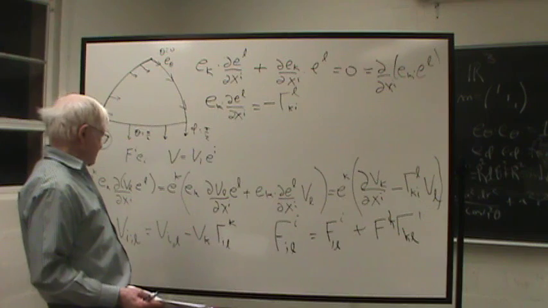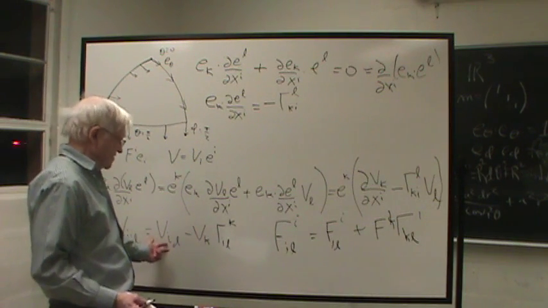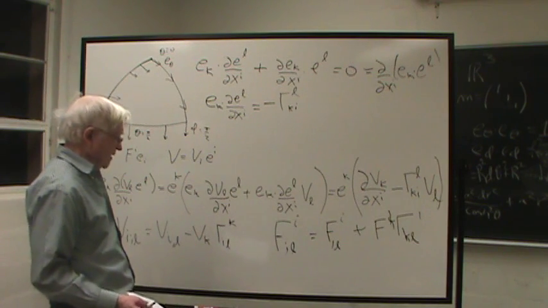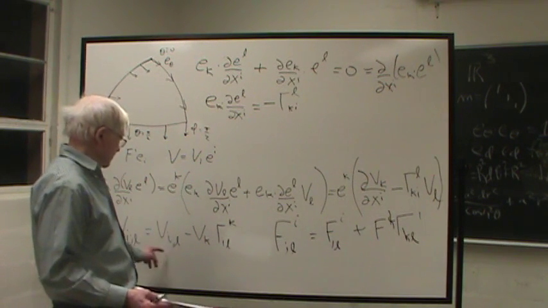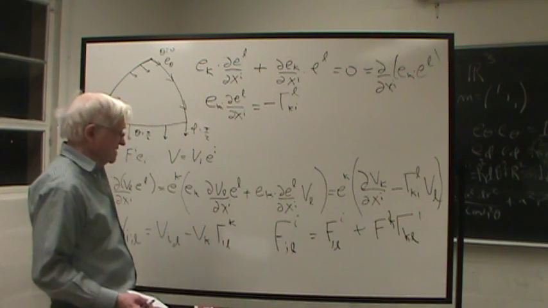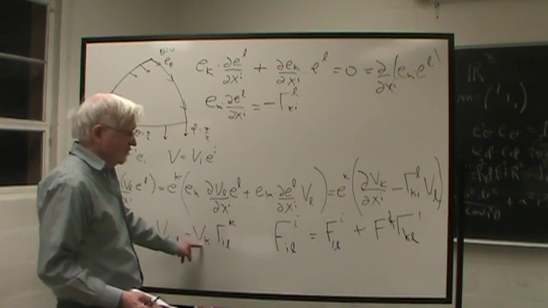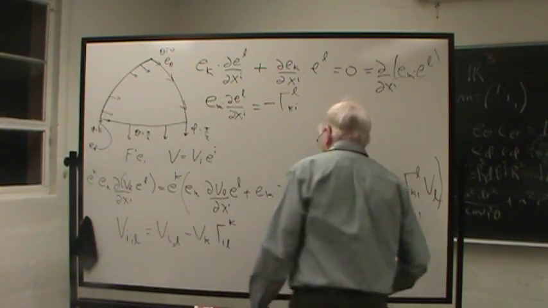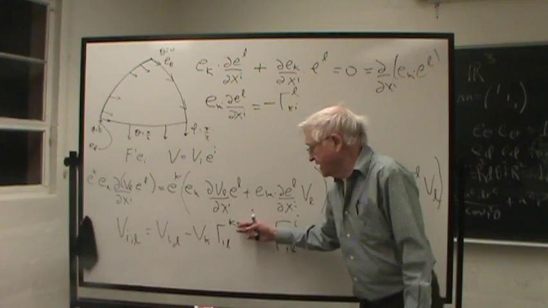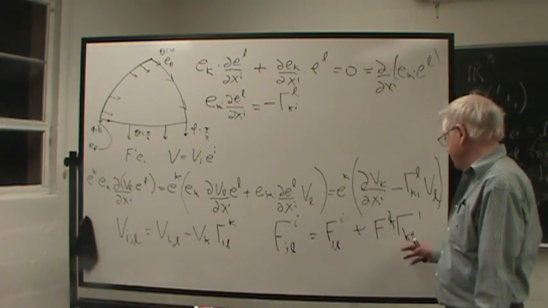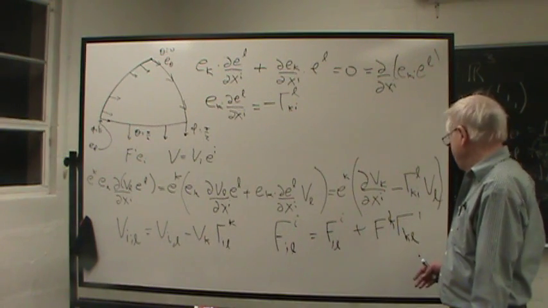So this is a little better for comparing the two. In both cases, the first term is you just differentiate with respect to whatever the coordinate is, you differentiate the function. And then if it's covariant, you have a minus sign. You're then summing over a K here. But because the K here is lower, the K over here is upper. And because the K here is upper, the K there is lower.